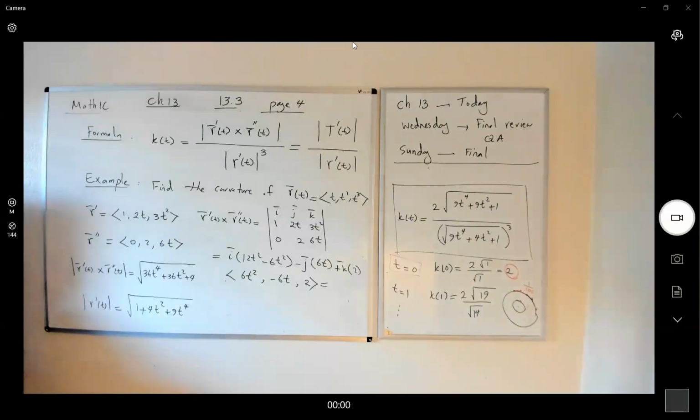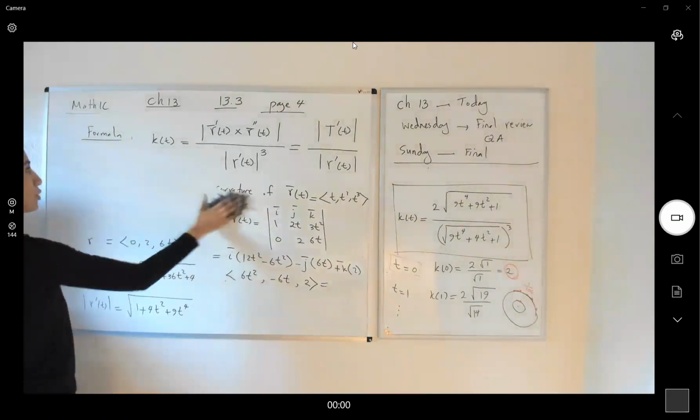Let's see what we have. So another formula for you.